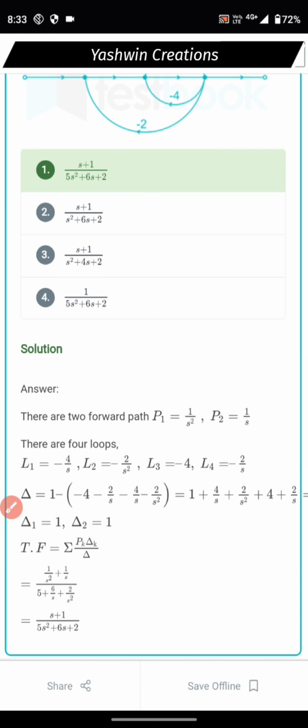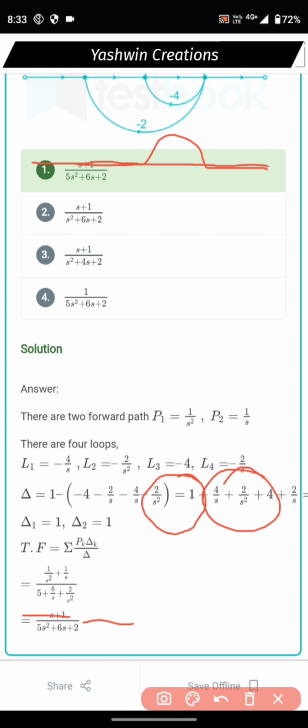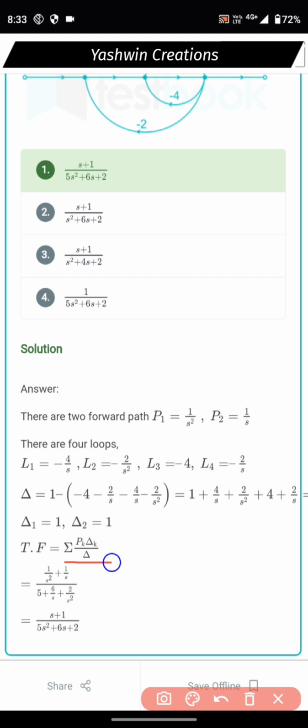There is a formula: transfer function is equal to sigma of Pk delta k divided by delta.